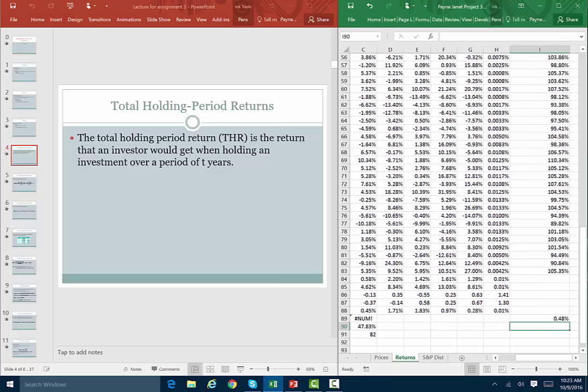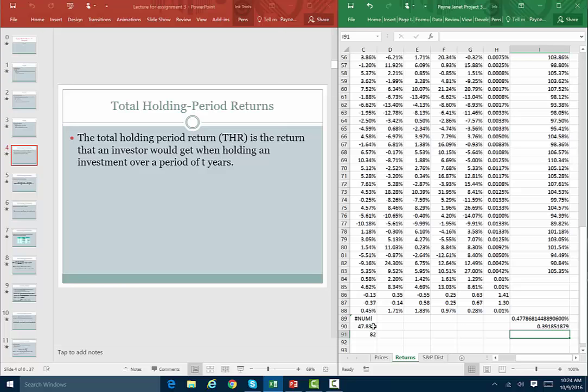Now, the thing that I wanted to point out about this is if I take this geometric average holding period return that I calculated using this funny Excel function, the geomean function, and I multiply that by 82, which is the number of months of returns that I've got here, I get 39.18%.